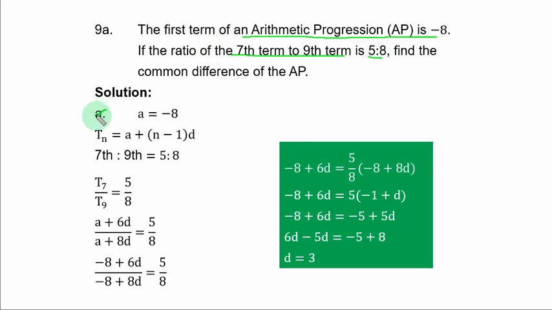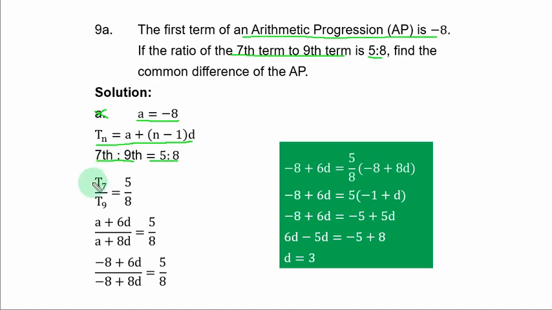The first term is denoted by a, so a is equal to minus 8. All we have here centers around the nth term formula for an AP. And you have the 7th term to the 9th term is equal to 5:8. You can express ratio in fractional form.